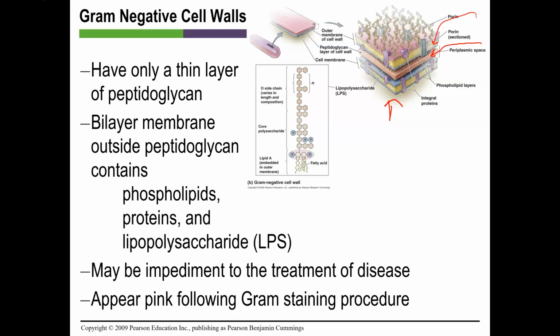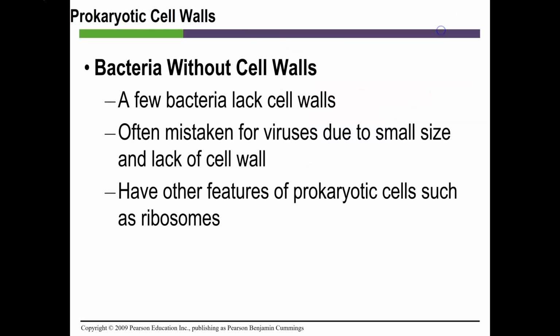Something important to keep in mind is that there are frequently exceptions to the rules humans use to describe living organisms. As you might imagine, there are exceptions for cell wall structures in prokaryotic cells. There are, in fact, bacteria without cell walls.